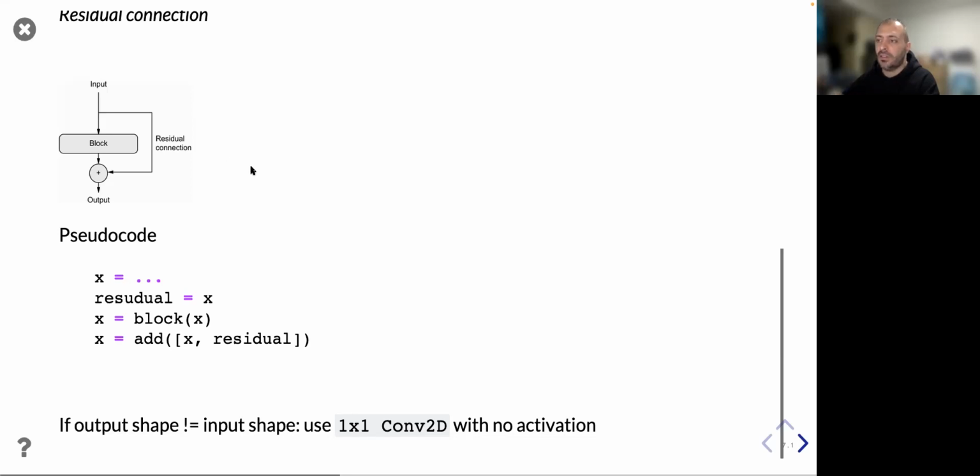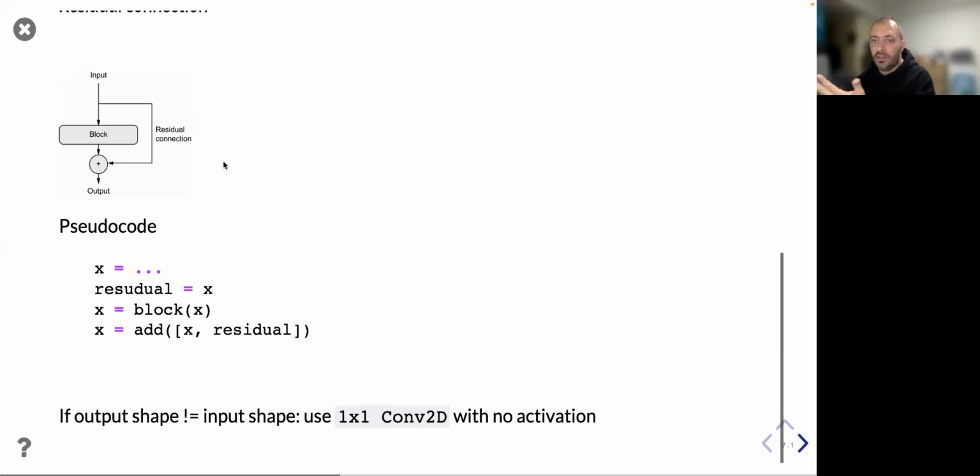We'll see some variants, what happens if the shape changes, but the idea is simple, yet it's very powerful because this allowed us to go very, very deep and to have way better results than before. And actually now all the architectures use some variation of this residual, even now, 5, 10 years later, more.